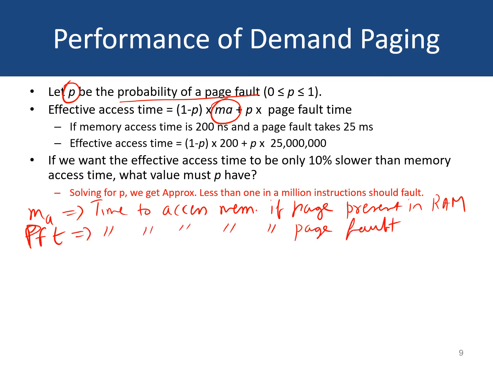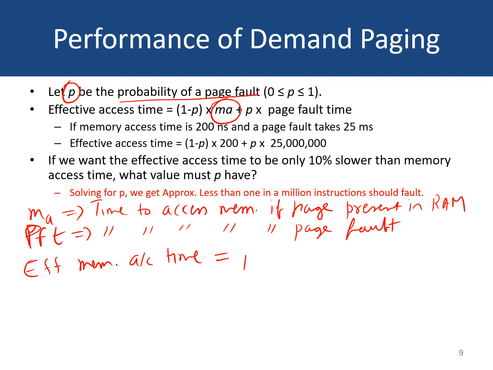Given these assumptions, the effective memory access time would be given by basically the weighted average of the access time when the page was present in the memory and the access time when there was a page fault.